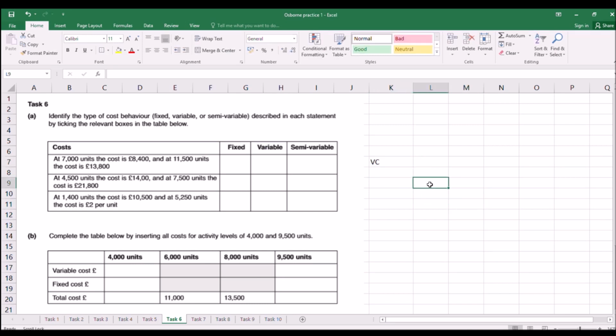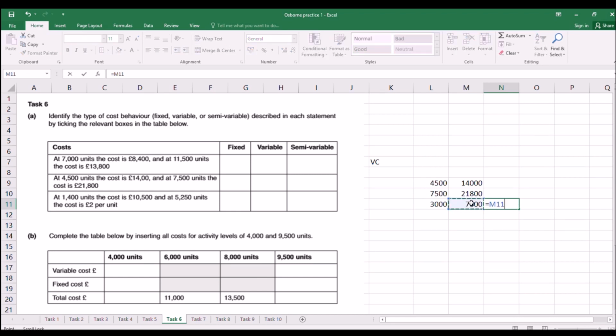So we've got 4,500 units, and that's 14,000. Assuming that we're missing a 0 in the question, and 7,500 units, and that is 21,800. So again, taking one from the other, 3,000 units. So we've got some variable costs going on here.